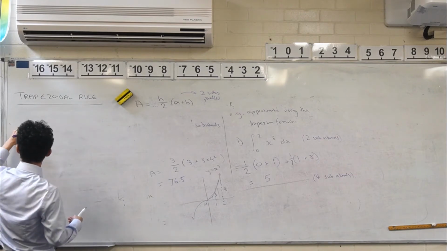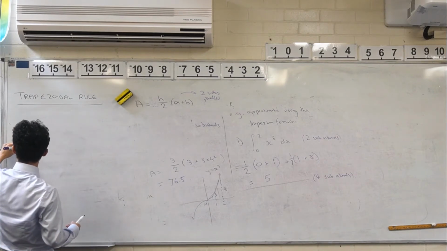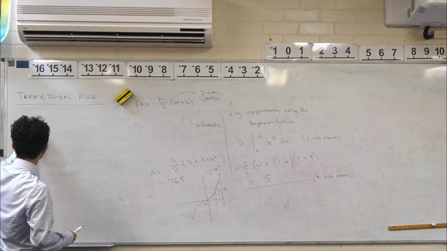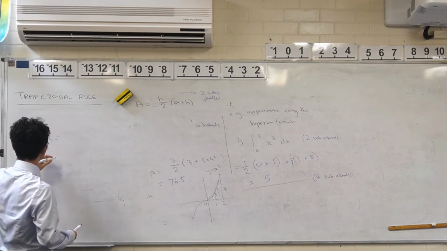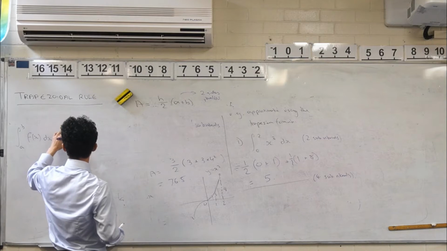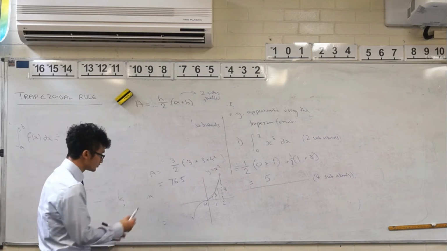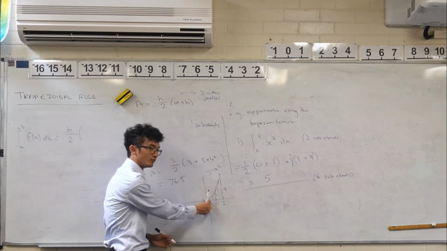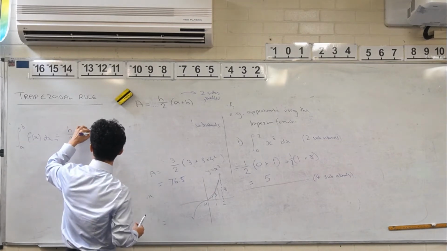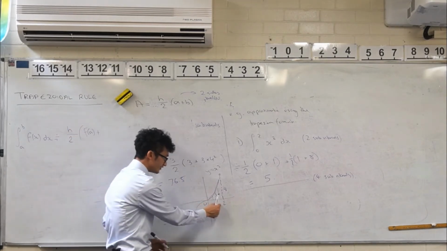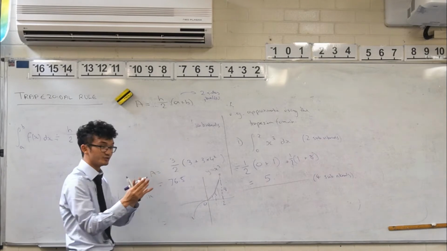The integral of f of x from a to b is approximately equal to h on 2. Now, because we're only using the first one once, that's f of a, plus, now all of these lengths we're going to be using twice because all these trapezium overlaps, right?